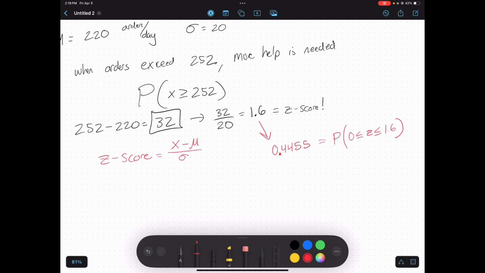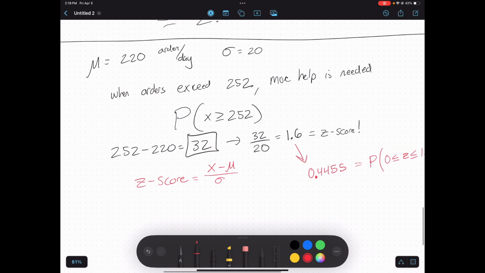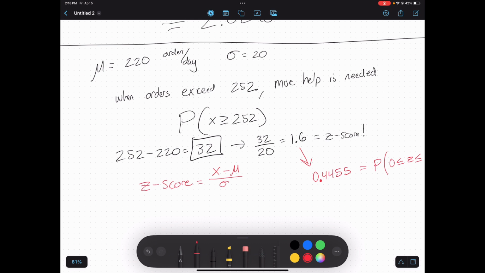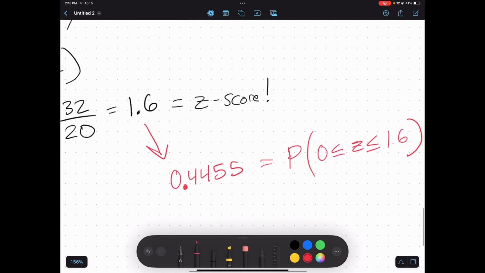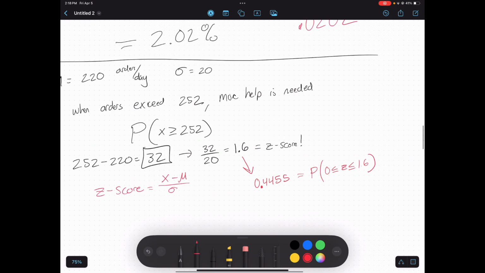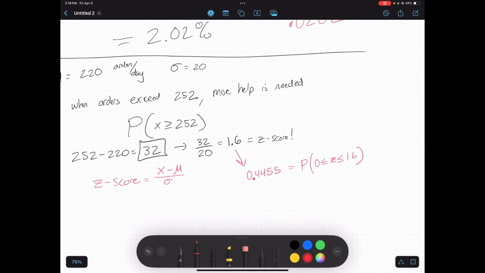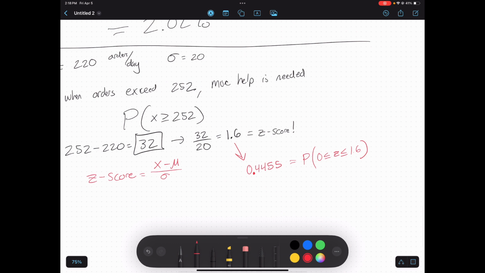And that's not what I'm asking, right? I'm not asking what's the probability that you get between 220 and 252 orders, because that's what this would represent. Remember, a z-score of 0 represents the mean. I'm wondering what's the probability that my z-score ends up being greater than 1.6.